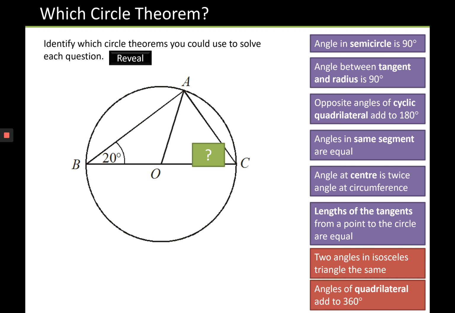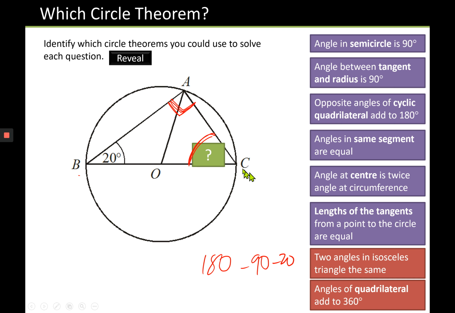Okay, here's the answers. You see that you have a triangle in a semicircle, so that has to be a right angle. We might not be able to work out each individual one yet, but that's 90. That means that this angle here is going to be 180, take away 90, take away 20. So 180, take away 90, take away 20 will give you 70.